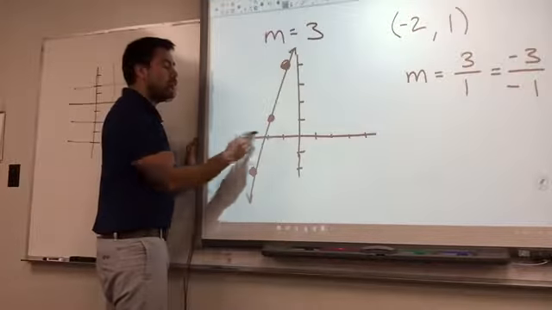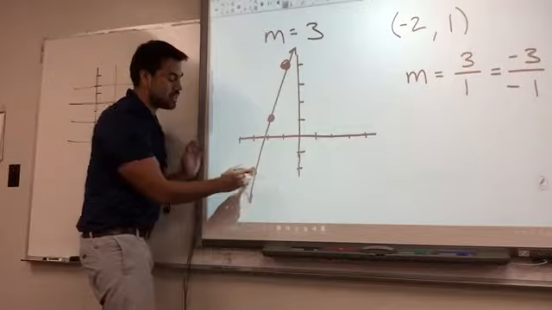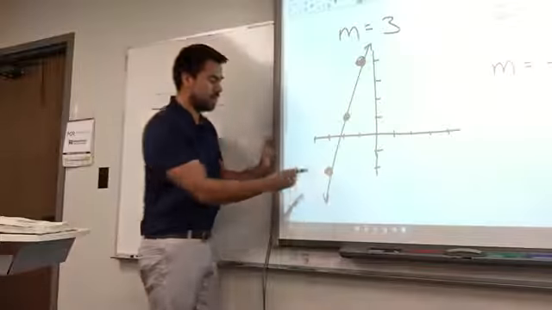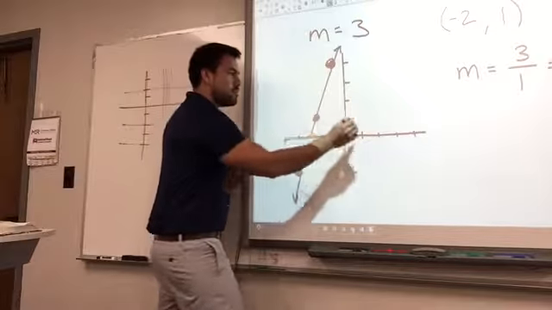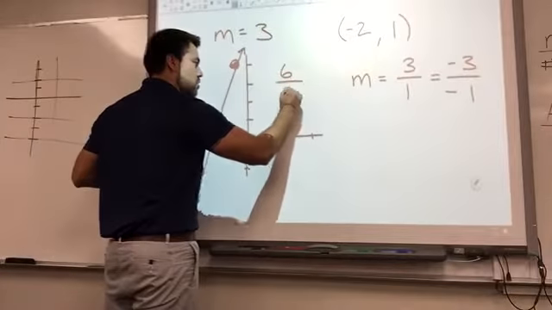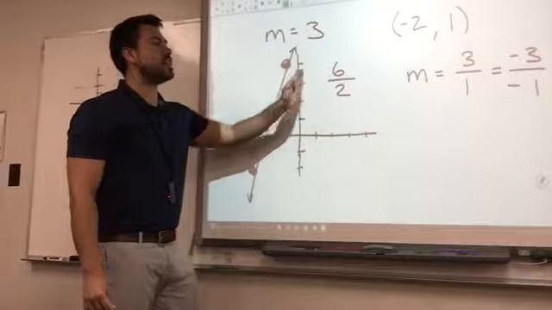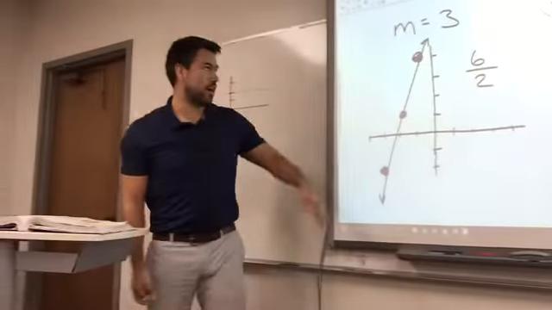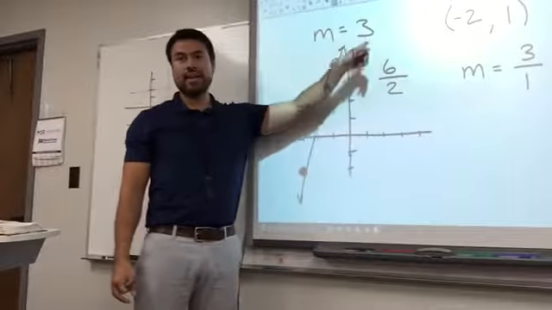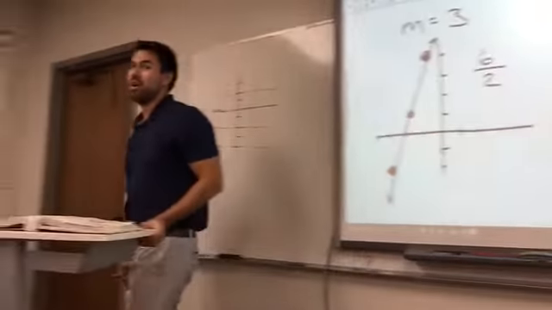We get that? I want you to ignore this middle point and look at this bottom point and the top point. How far do I go up? And then how far do I go over? I went 6 over 2, which is 3 over 1. And the reason it works is because 3 over 1, or 3, is what type of number?